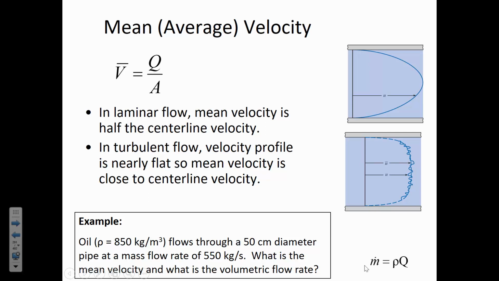So with this given information and the mass flow rate to volumetric flow rate relationship, calculate the mean velocity of flow and also the volumetric flow rate for the oil that's described here. So you'll need to take the diameter that's given and calculate an area based on that diameter.